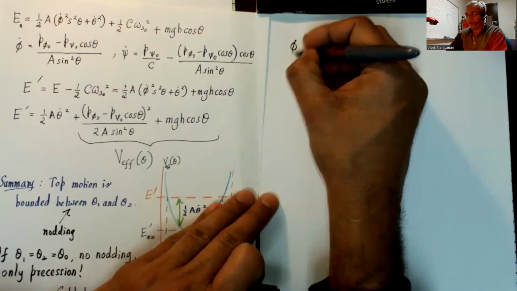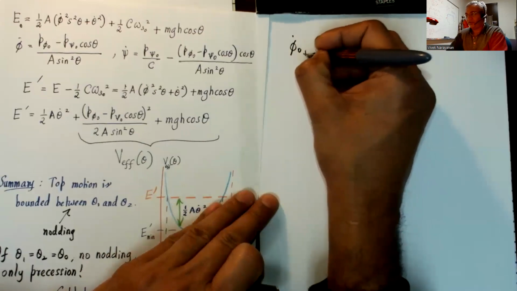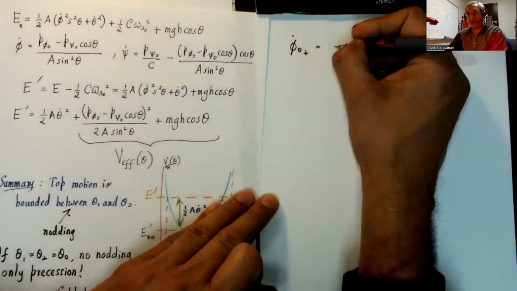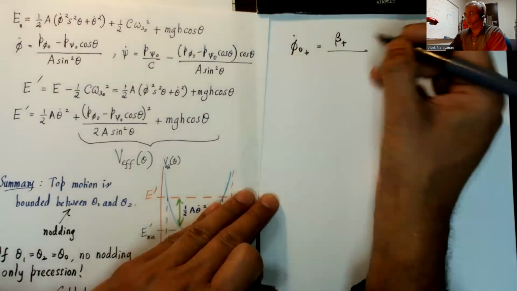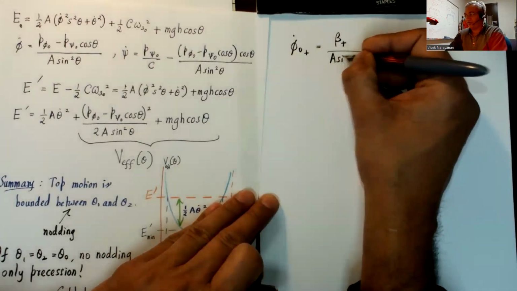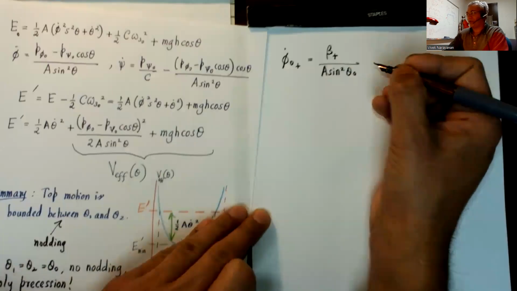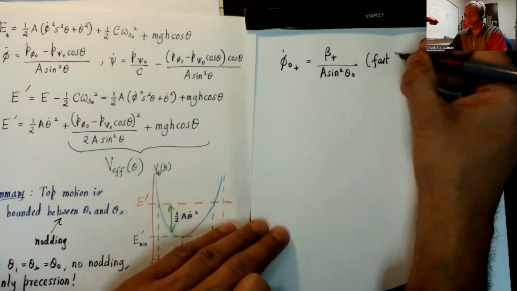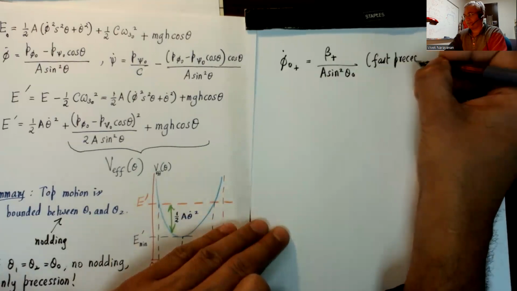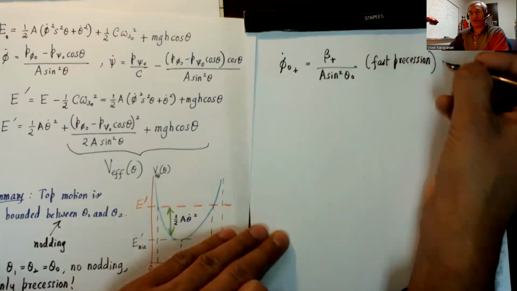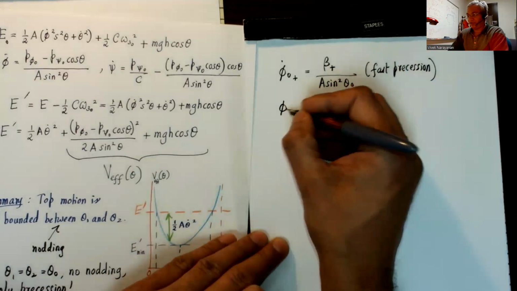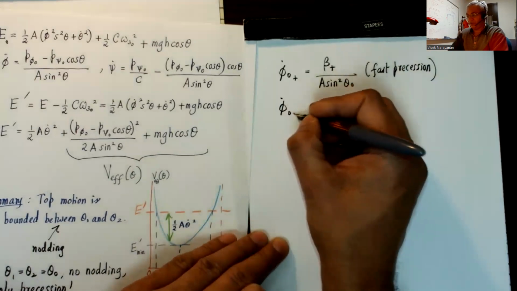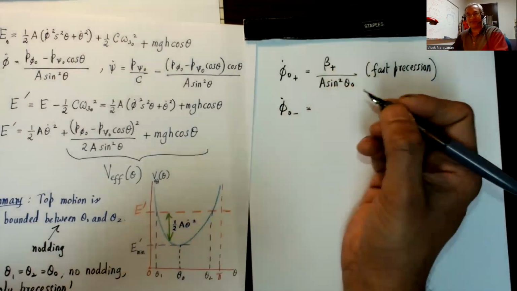There are two actually. Phi dot naught plus is going to be beta plus over a sine squared theta naught. And that's sometimes called the fast precession. We don't observe fast precession in this setting because it requires great sensitivity to observe it.